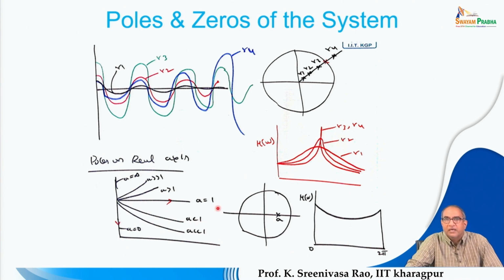and it takes slightly more time. When the root is on the unit circle, it will not converge at all, and at the same time it will not diverge either. The system response will remain somewhat constant, it will not come to the steady state, it will not come to 0, it will always be constant, right.